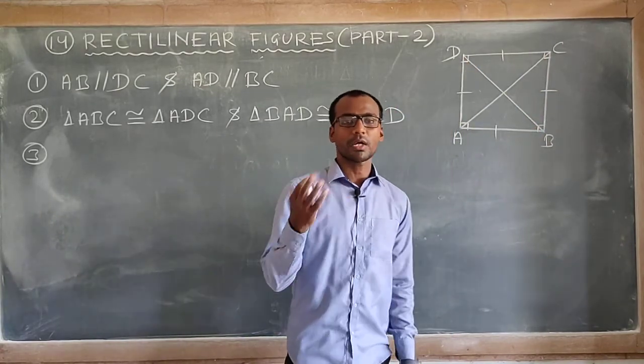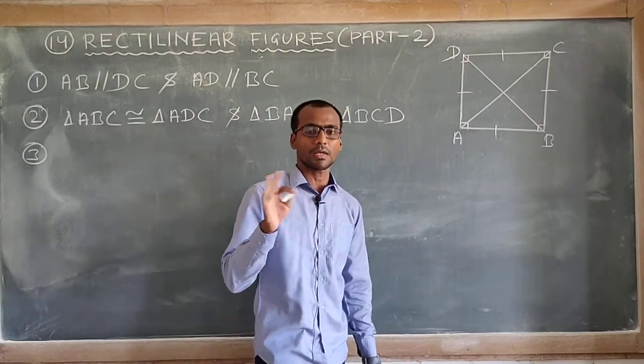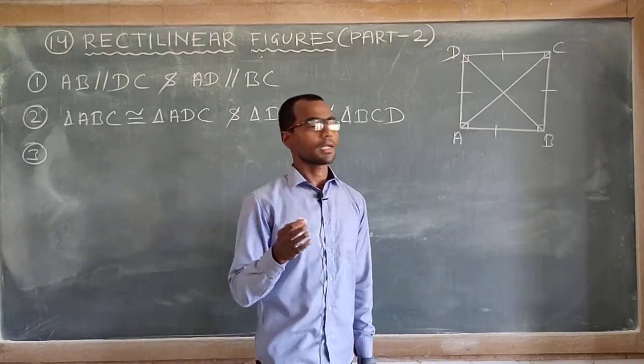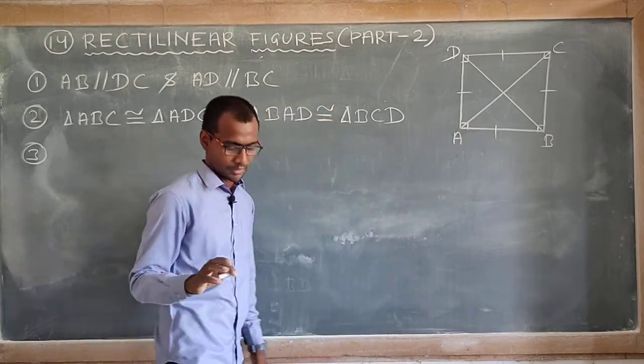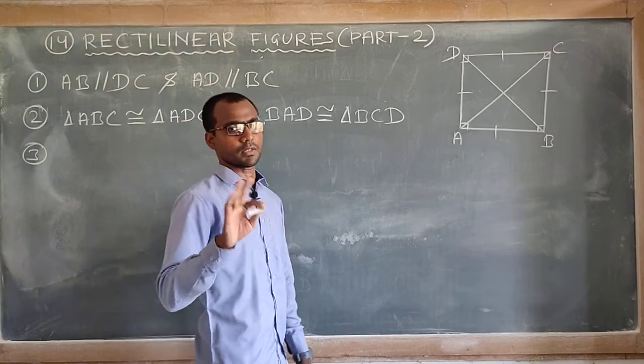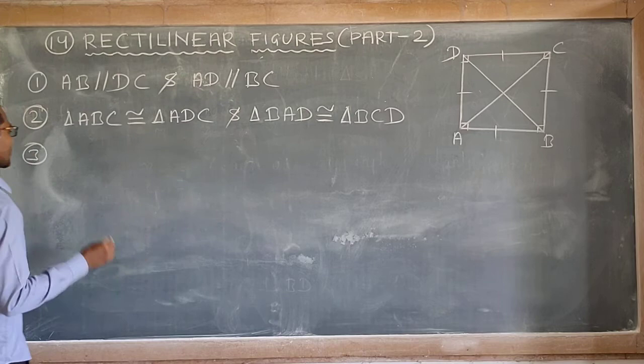But in case of a rhombus, unless the angles of the rhombus are given, we cannot determine what angles the diagonals are making with the sides. So here each angle will be 45 degree because the angle is fixed 90 degree. So diagonals bisect the vertex angles.